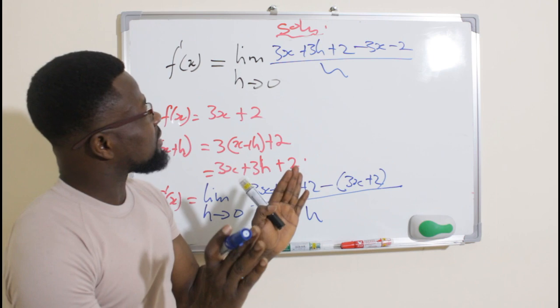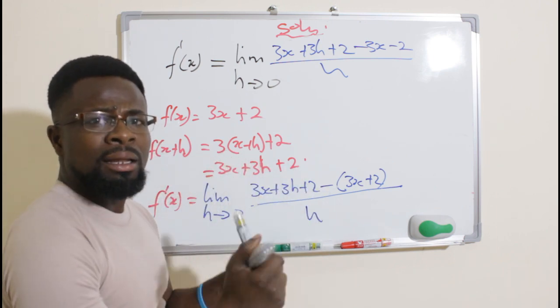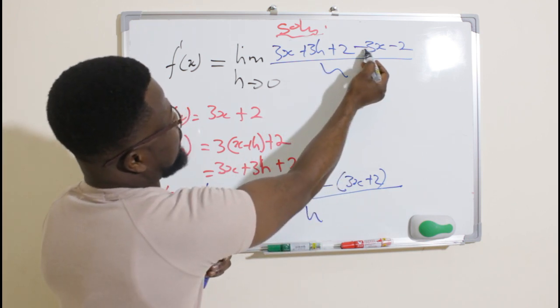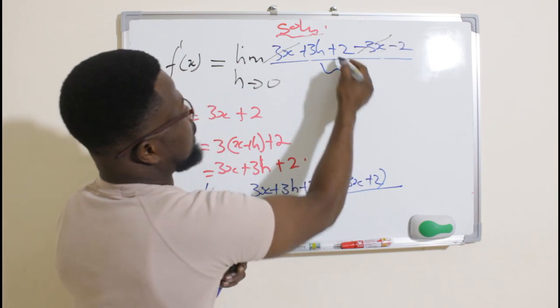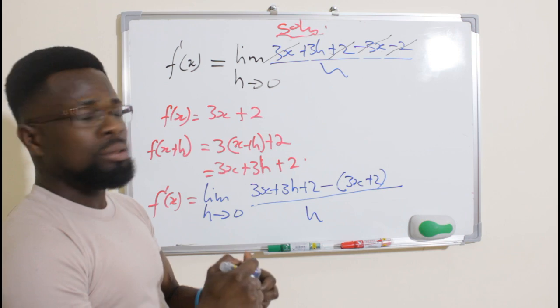Now let's look at something here. There are common terms that we can cancel out. We can see that there is negative 3x and there is positive 3x. They will cancel out. There is positive 2 and there is negative 2. They will also cancel out.